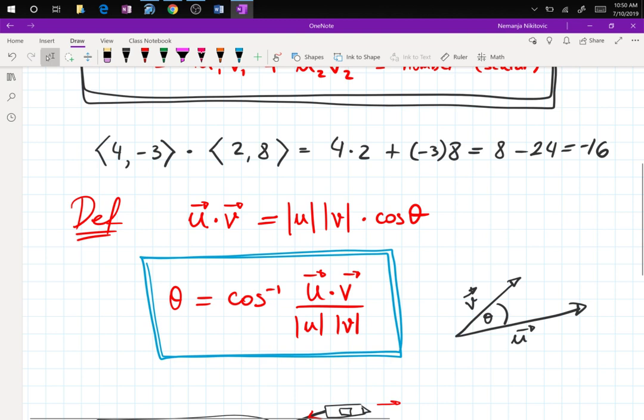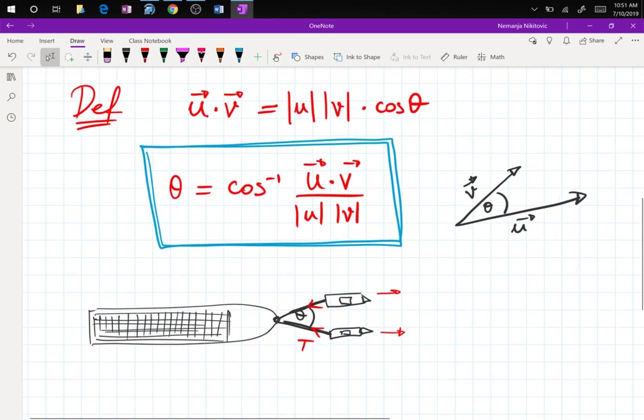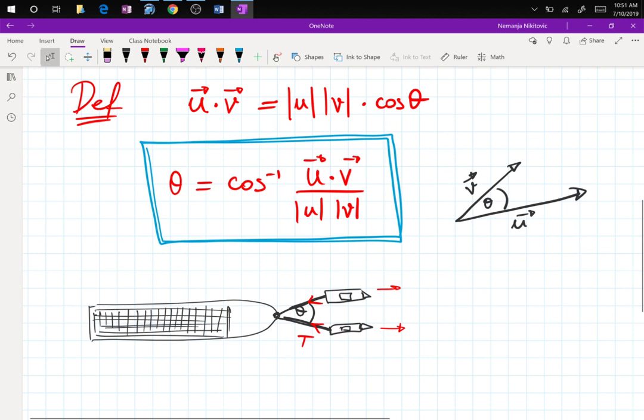Now, another really cool feature is to realize that cosine of 90 degrees is 0. Now, remember that the vector v and vector u are both non-zero vectors. If they are non-zero vectors, they are going to have length, which is magnitude.